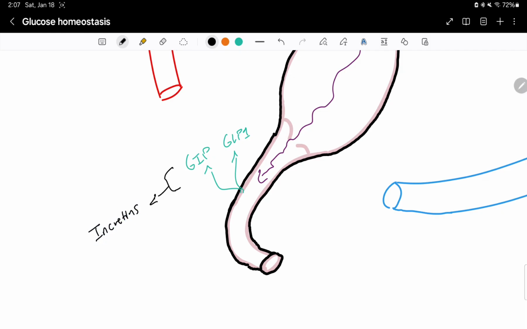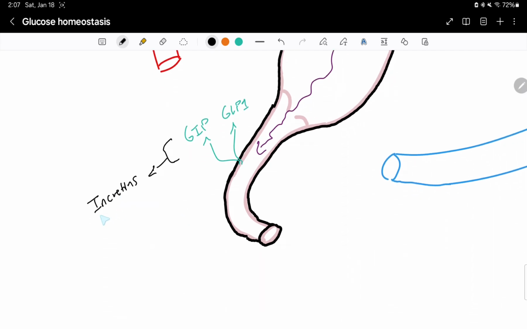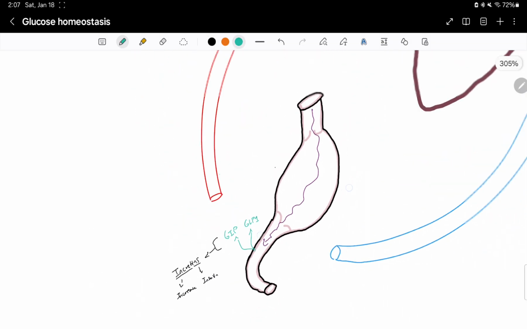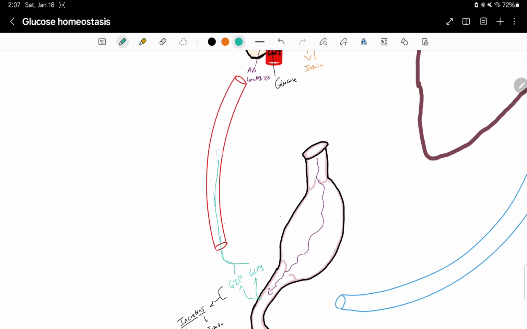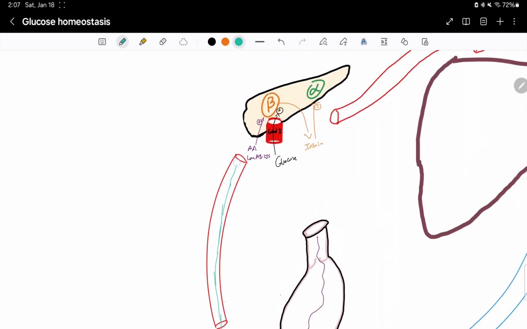They have an incretin effect. I like to remember incretins like this: incra for increase, and then ins for insulin. They increase insulin. So let's follow these guys and see where they're going to go. They're going to circulate all the way towards this pancreas, and look at that. They're also going to stimulate the beta cells to make insulin. Awesome.